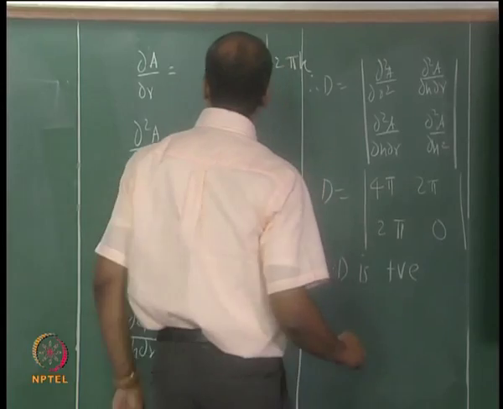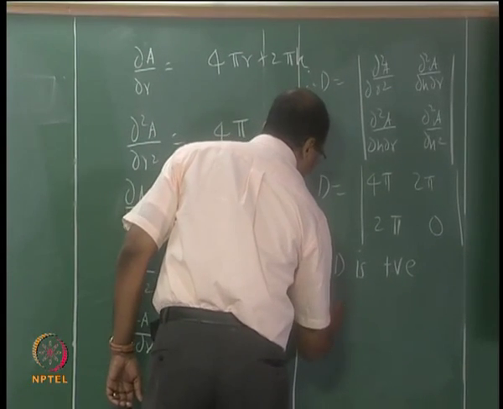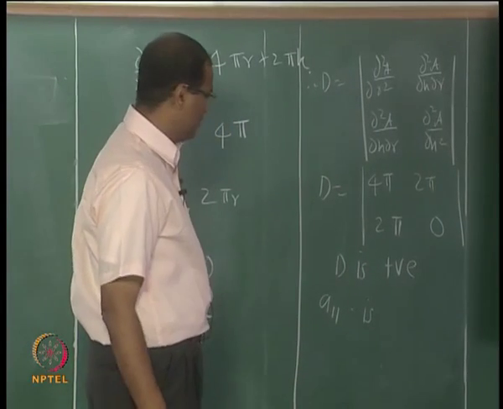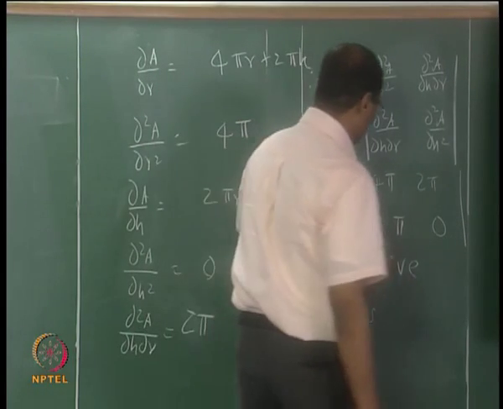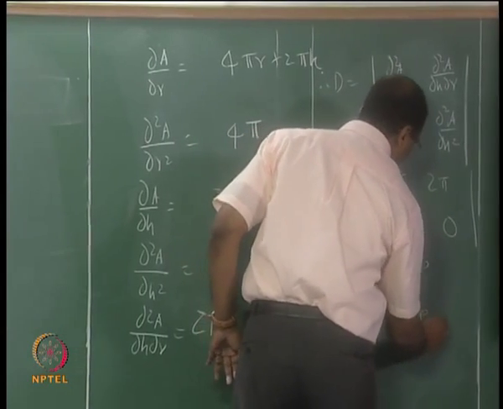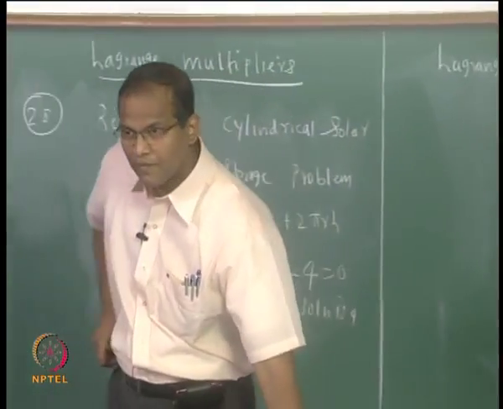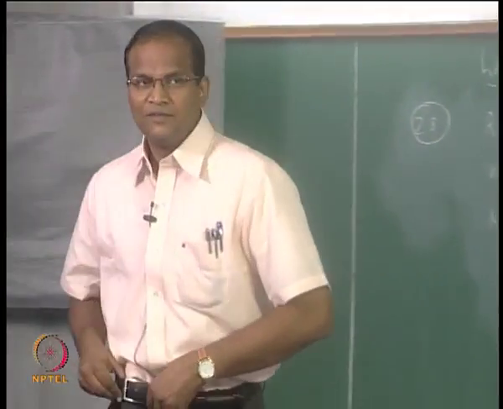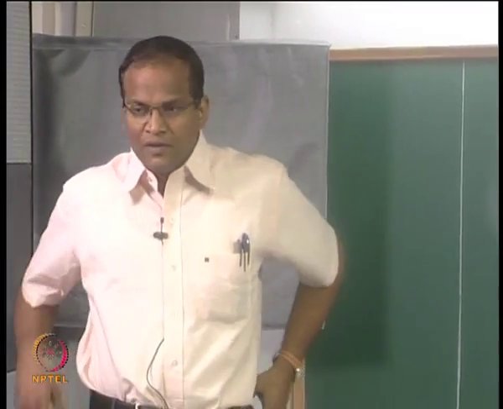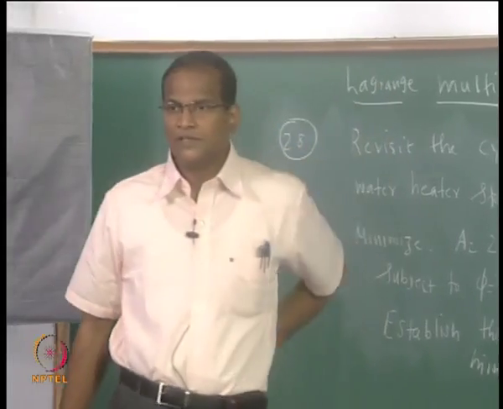What about A11? Negative? A11 is? So what was the condition for us? D is negative. A22 is 0. Yeah, here A22 is 0.